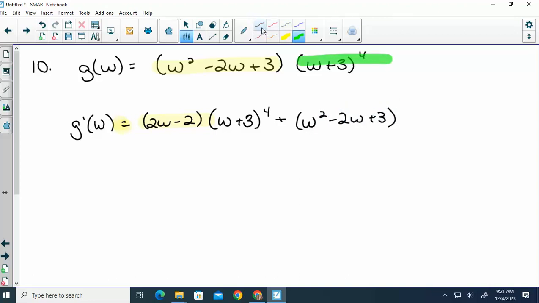Derivative of the second. So for that derivative, the 4 comes down. W plus 3 stays. Subtract 1 from the power. Times the derivative of the inside, which is 1. For the sake of time, can I stop there? You guys know the only thing I'd like you to do is 4 times 1 is 4, and bring that 4 to the front of that term.